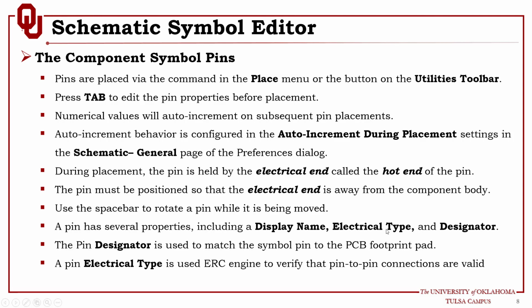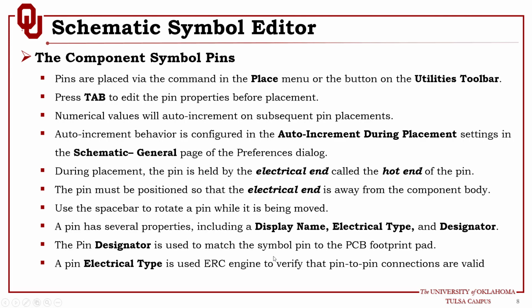Also, you can copy this information from the data sheet. You don't have to, because basically the manufacturer or creator of that component is the one who defined the electrical type of those pins. And the designator has to be unique.